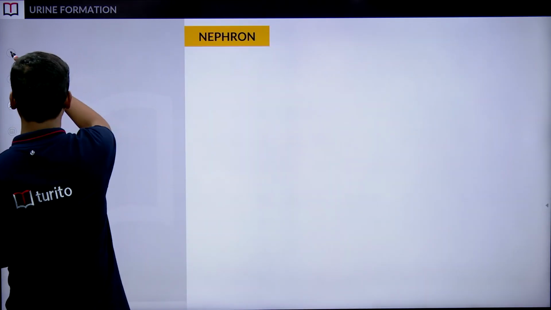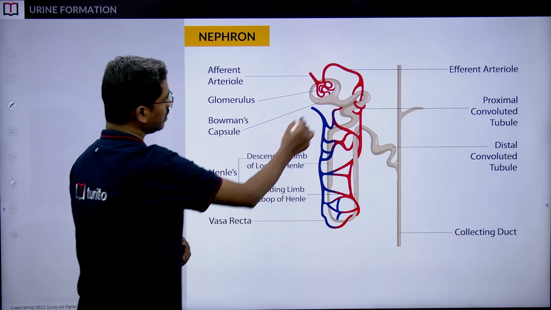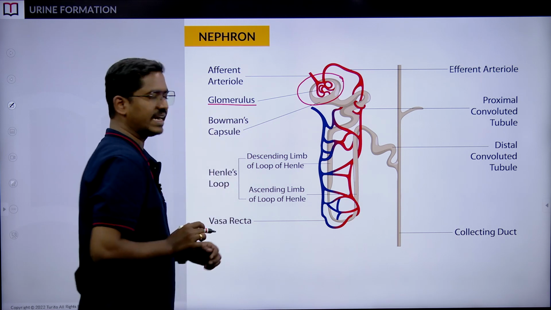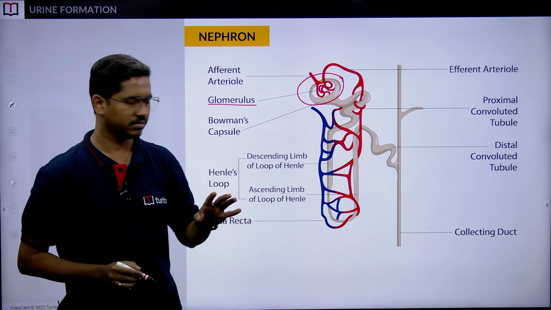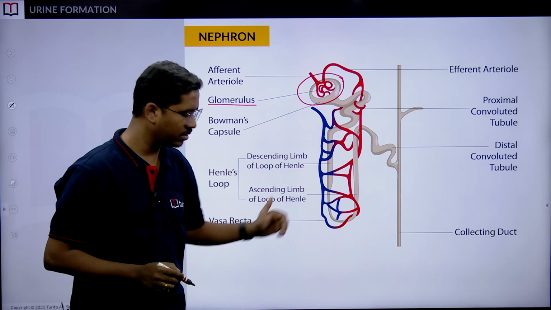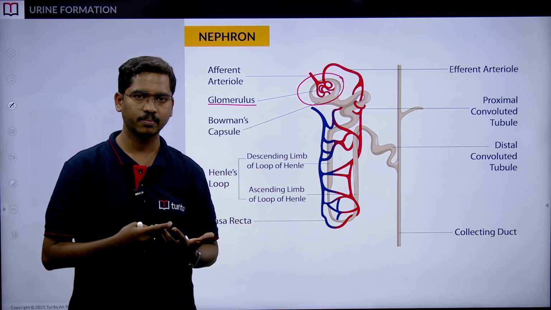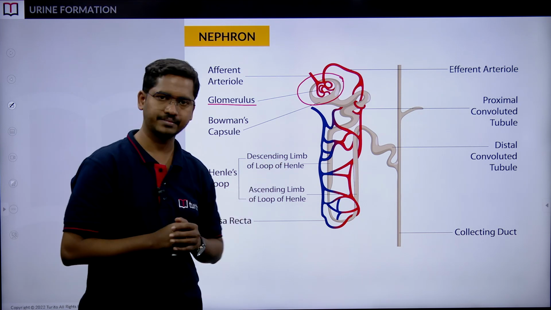So, you see the nephron, I was just referring, this particular system is the only one designed for ultrafiltration. Can you see anywhere else we have that kind of system for ultrafiltration? We do not have.